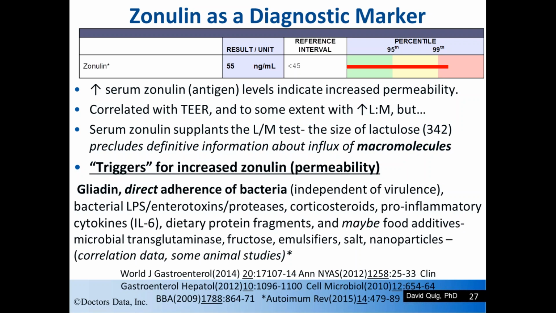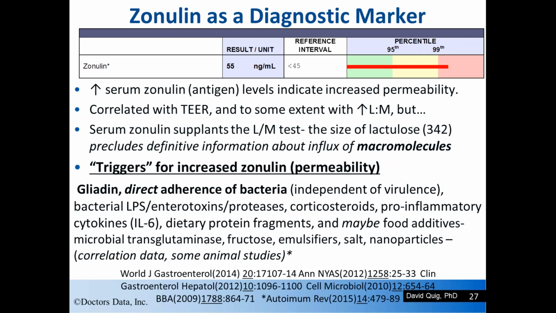Also bacterial lipopolysaccharide endotoxin and other bacterial enterotoxins and proteases, corticosteroids, pro-inflammatory cytokines like IL-6, and dietary protein fragments, and maybe, just maybe, food additives such as the abundant microbial transglutaminase, fructose emulsifiers, and salt, as well as nanoparticles.